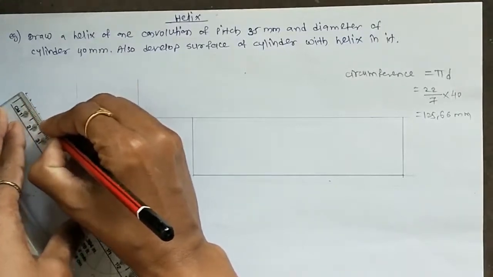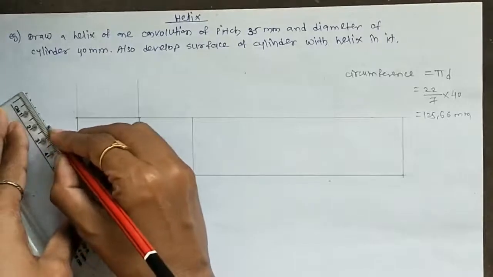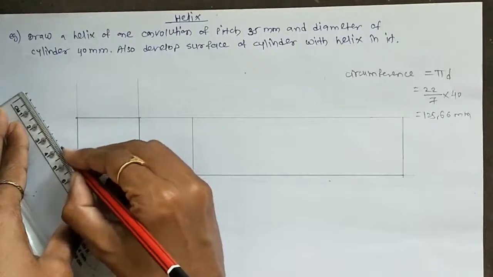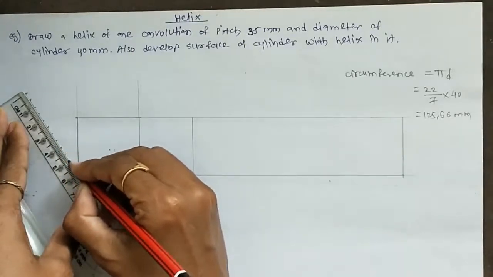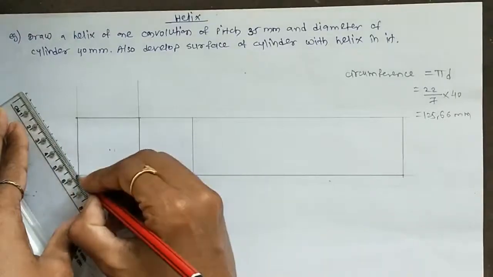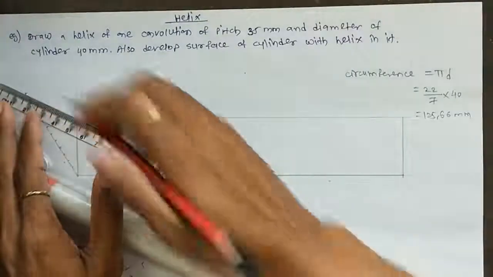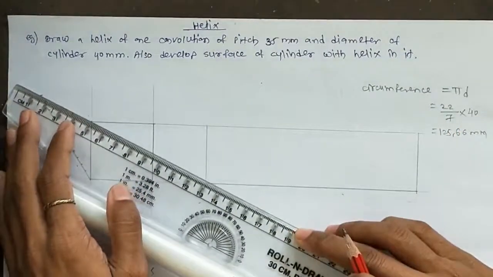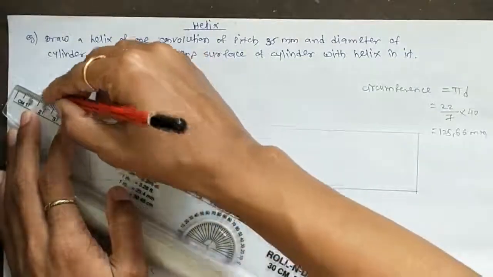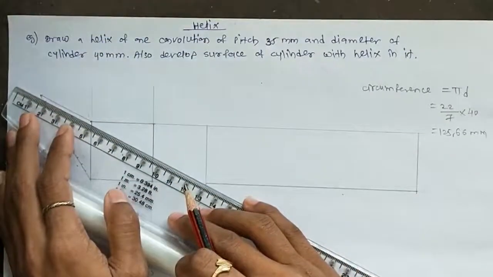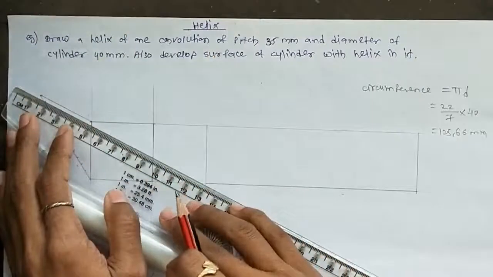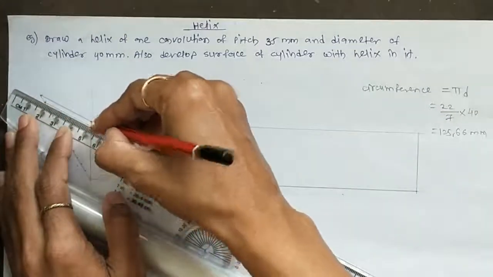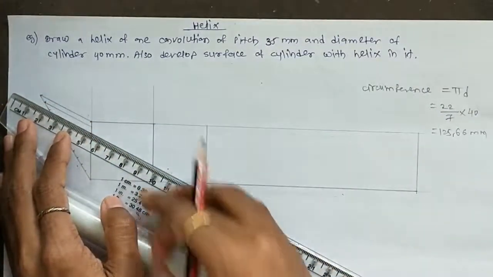In this way I can divide this line into 12 equal parts. Now join last point to this point and take parallel line to this line from various points. In this way you can divide any line into 12 equal parts.